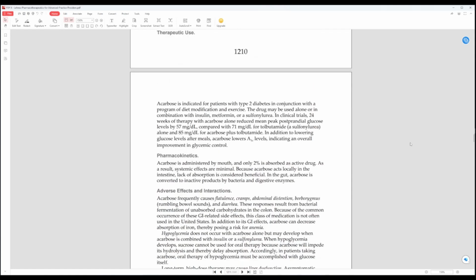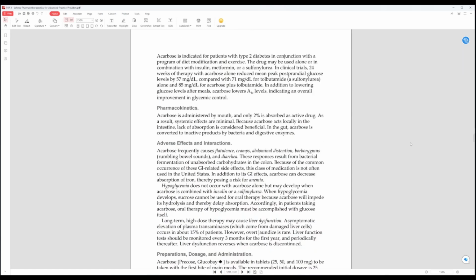Its therapeutic use. Acarbose is indicated for patients with type 2 diabetes in conjunction with a program of diet modification and exercise. The drug may be used alone or in combination with insulin, metformin, or a sulfonylurea.